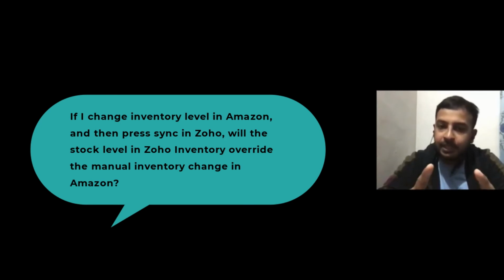However, if it is an MFN listing, Zoho Inventory will be controlling the complete stock. So even if you update the stock in your Amazon account, it will not change any stock inside Zoho Inventory. So Zoho Inventory would be the complete controller of the stock availability in your Amazon or any other accounts linked to it. It's totally again dependent on the particular warehouse stock availability as well.